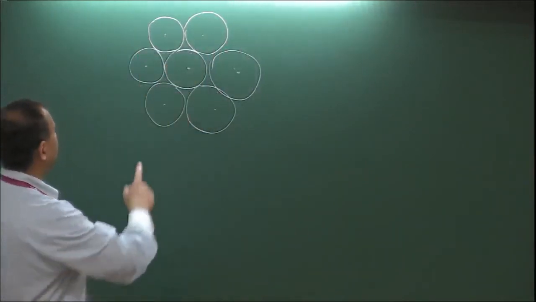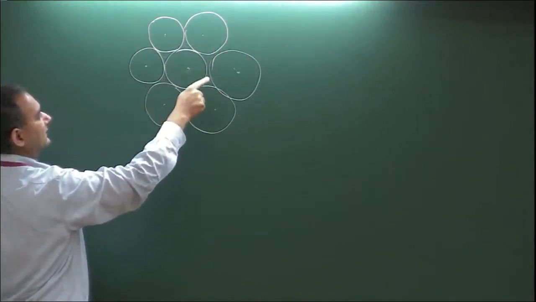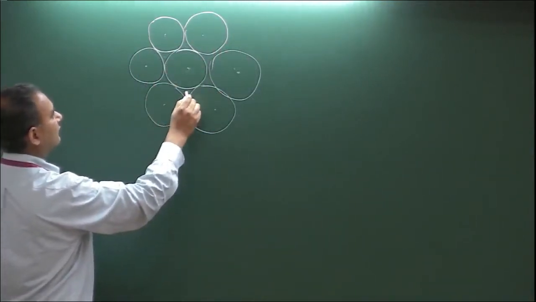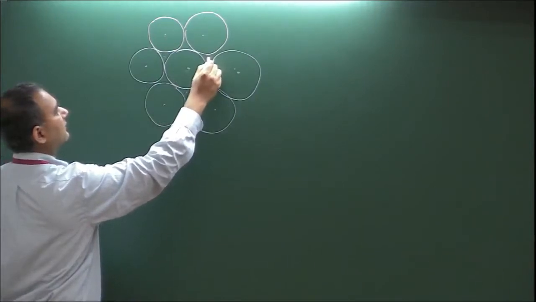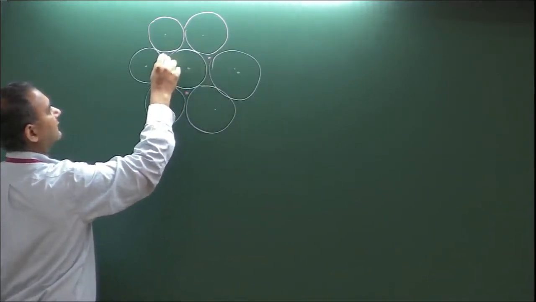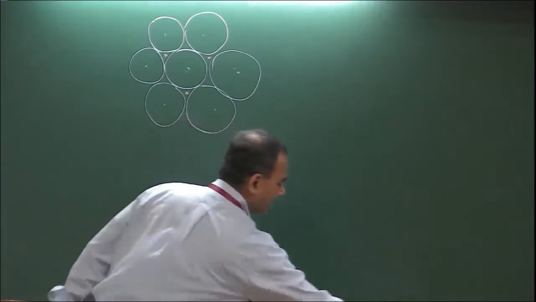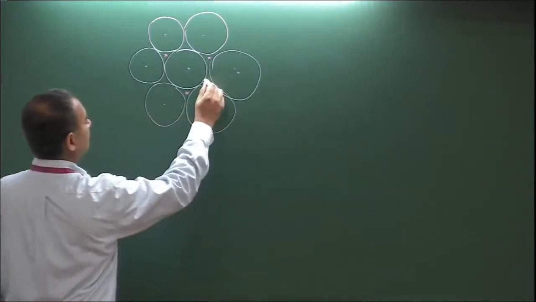If you look at how many holes there are around the central sphere, there are 6. So you can split them into 2 cosets of A2, namely the pink one and the yellow one.